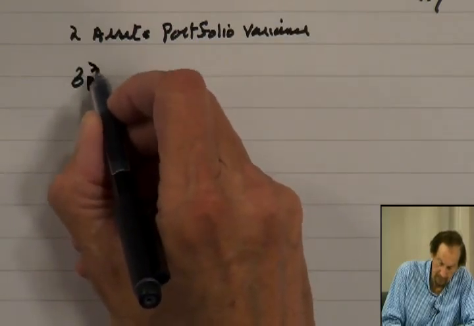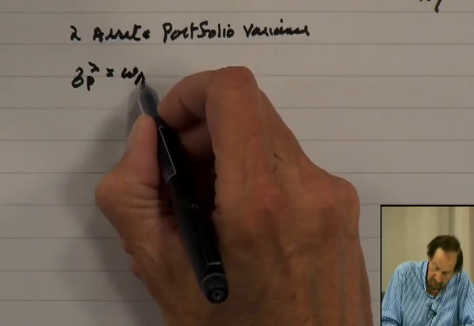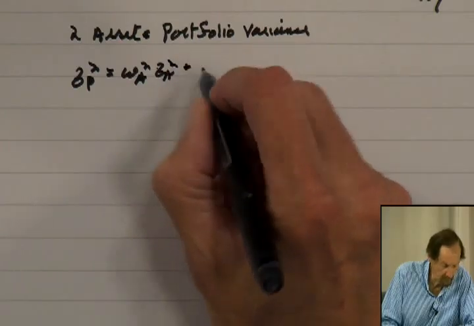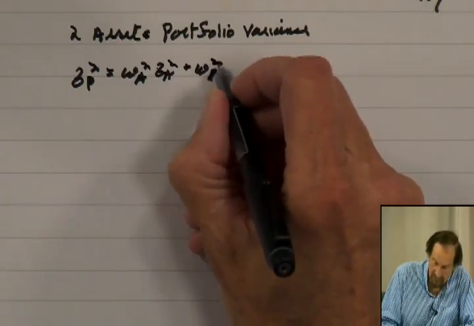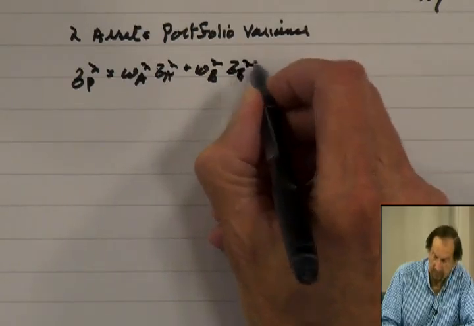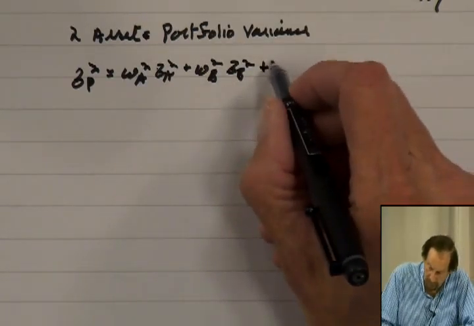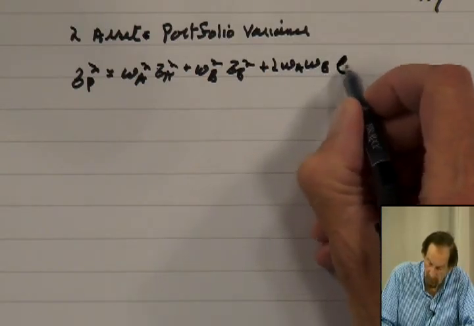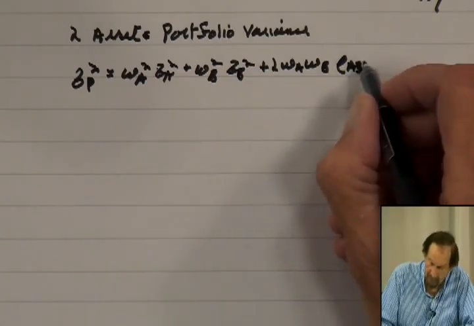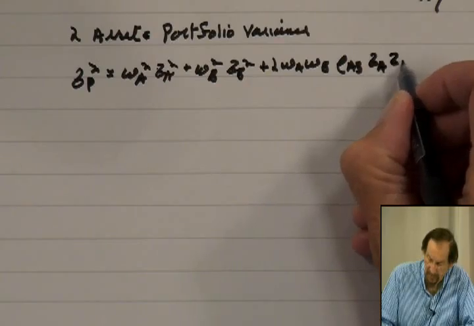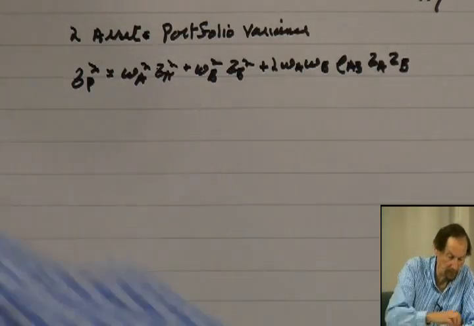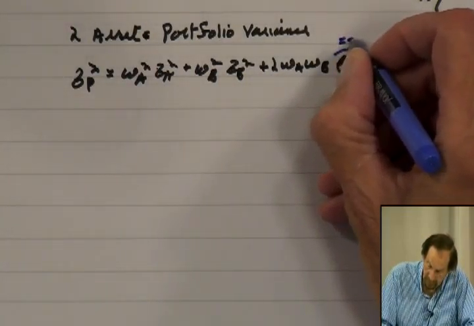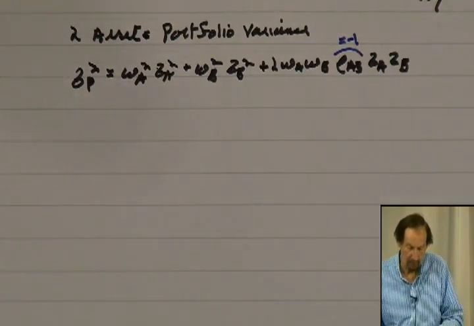Sigma p squared equals, again, our old expression WA squared times sigma A squared plus WB squared times sigma B squared plus 2 WA WB rho AB sigma A sigma B. And now we're going to have this rho AB equals -1. So A and B are perfectly negatively correlated.